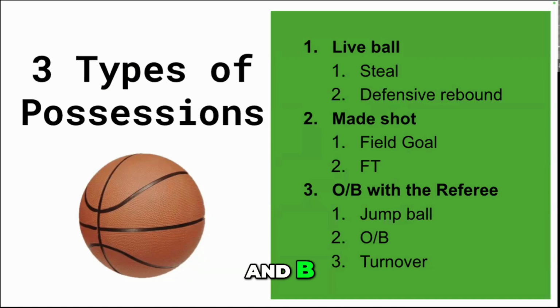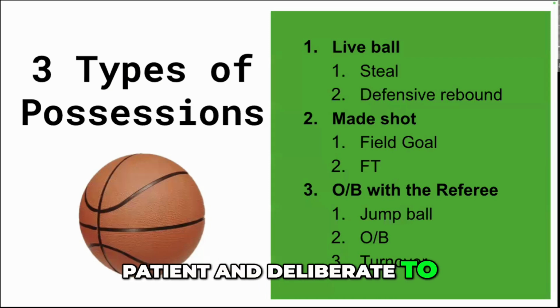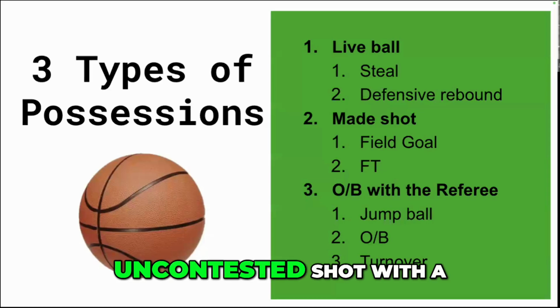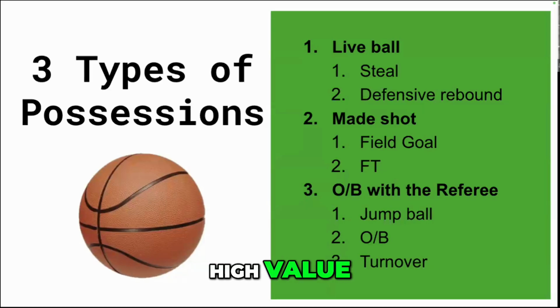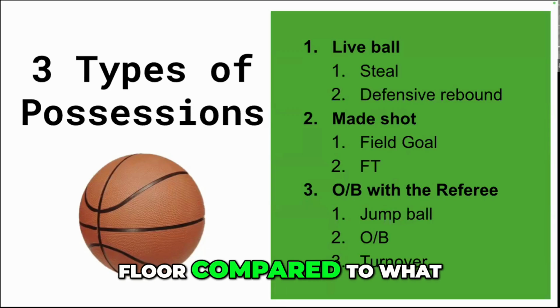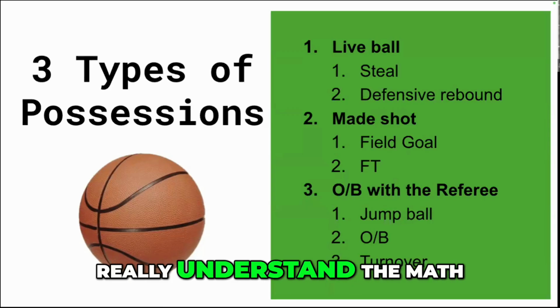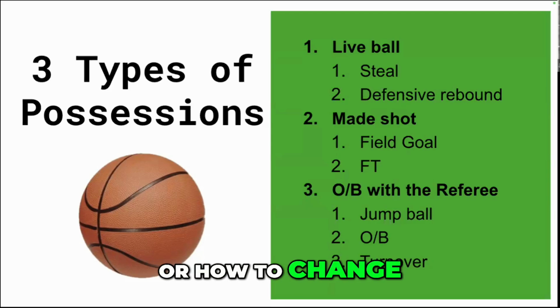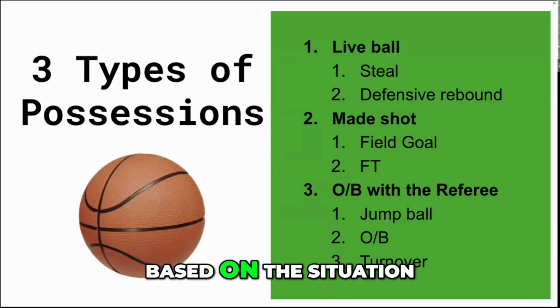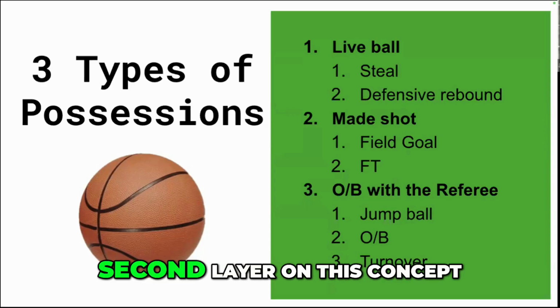And B, if we have a half court possession, we're going to be very patient and deliberate to create a wide open, uncontested shot with a high value. And therefore, we're going to outscore you every time down the floor compared to what you're doing as an average team that doesn't really understand the math behind it or how to change their pace of attack based on the situation. So that's the second layer on this concept.